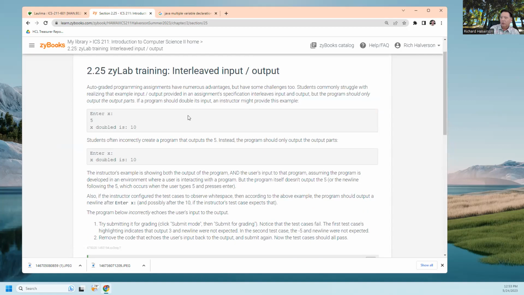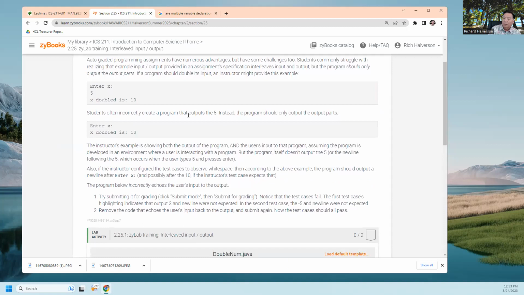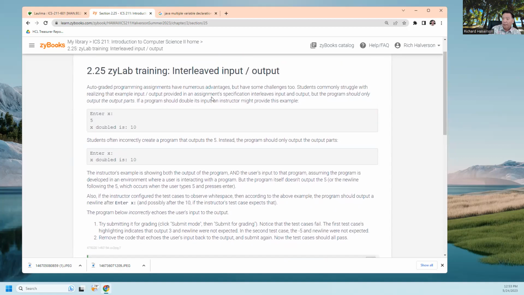If you realize that if the assignment here displays this, really what's going on is your program prints this out, and then the user enters the 5.